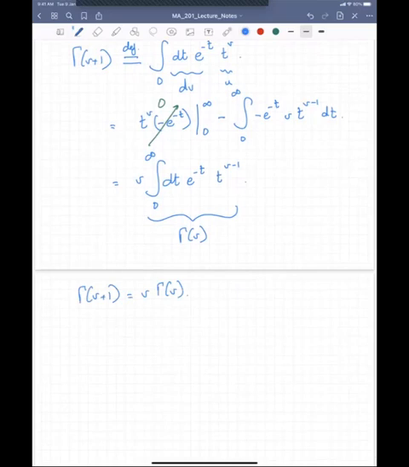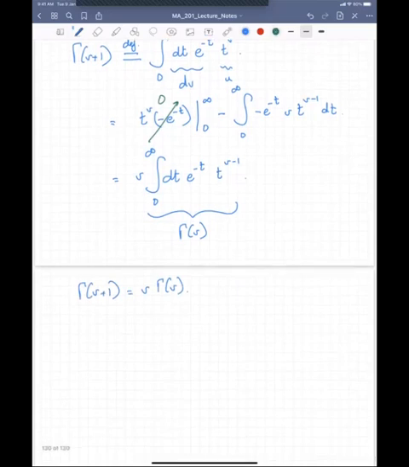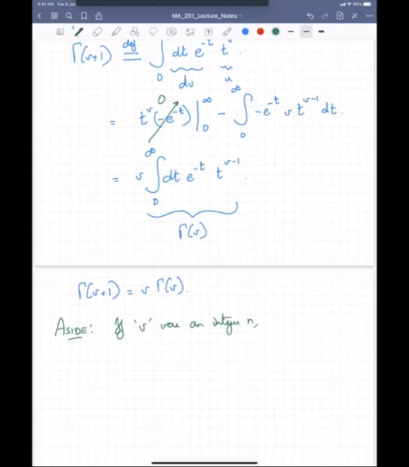Okay, so as an aside, suppose nu were an integer n. Then what will happen is that I will have gamma of n plus 1 is n gamma n.